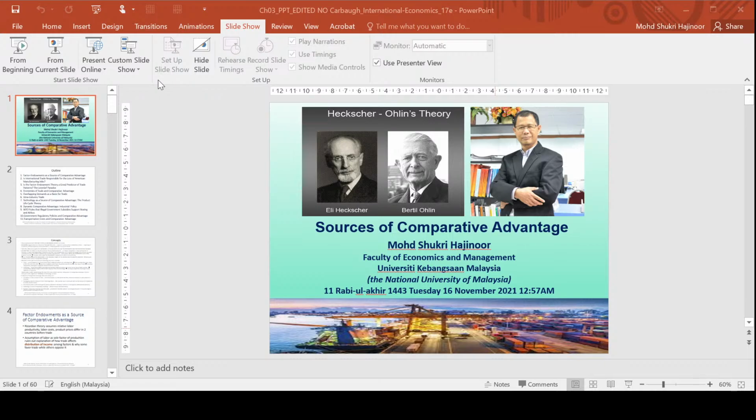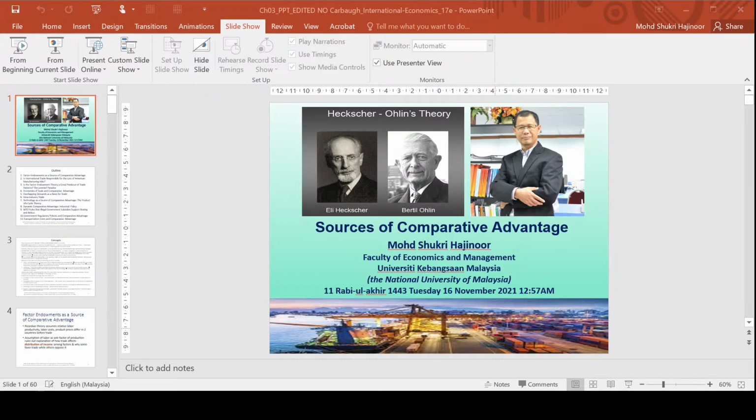So the effect of resource endowments on competitive advantage, differences in relative resource endowments. This is what we must understand as the concept. We take the last one, the pattern of comparative advantage.